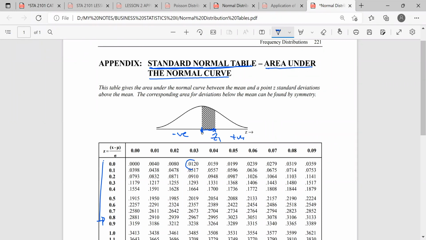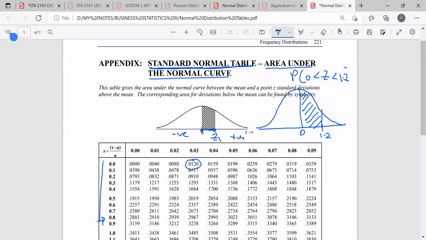Those are the values we are getting here. For example, if this is 0, and then you have 1.2, we're talking about the probability that z is greater than 0 and less than 1.2, or z is between 0 and 1.2. If you want to get that area, you will come to your tables and look for the value of z 1.2.